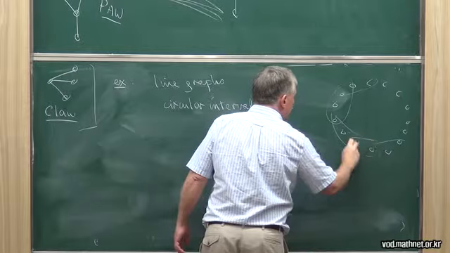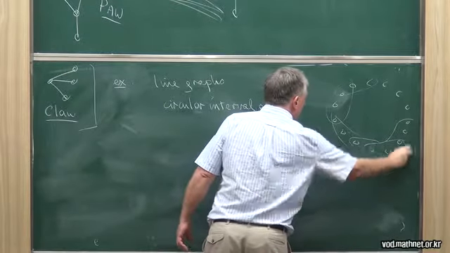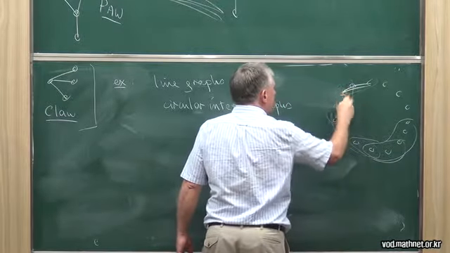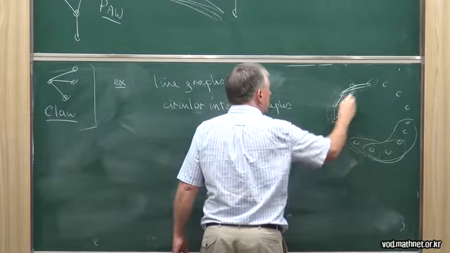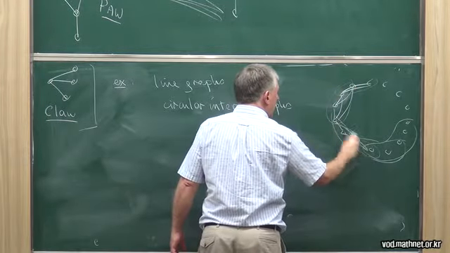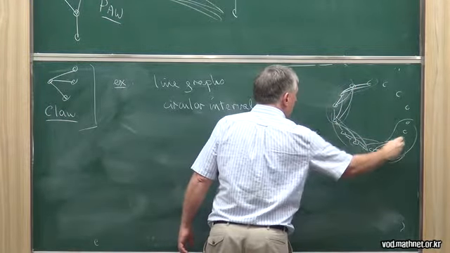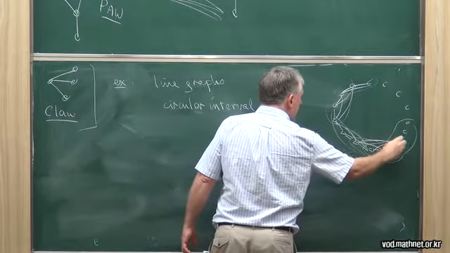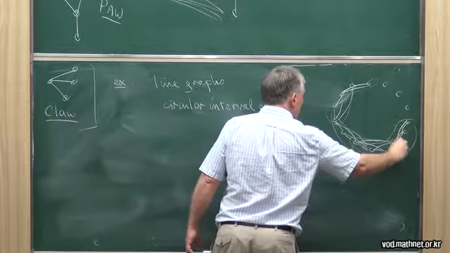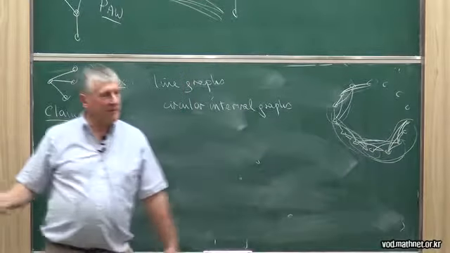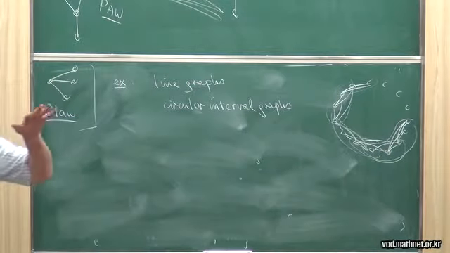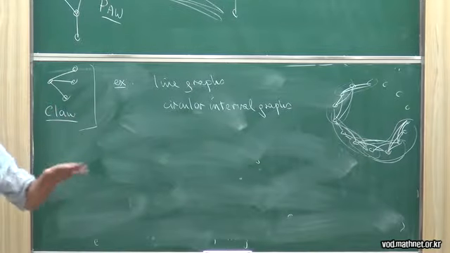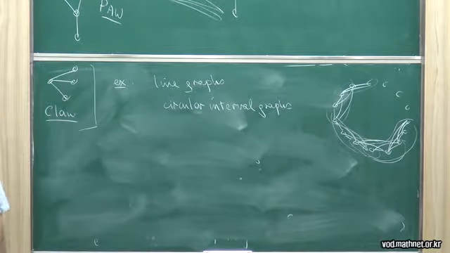Not so bad. Like this. So each interval becomes a clique. You can't understand the picture anyway, but you choose intervals from the circle, and you make each interval be a clique. And that's claw-free. And it's not a line graph, it's different.